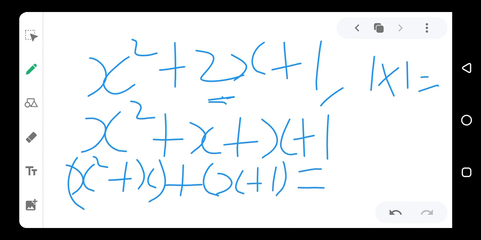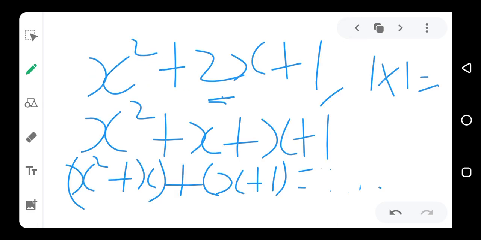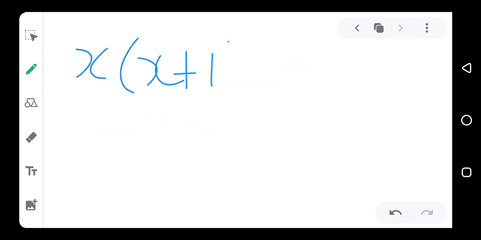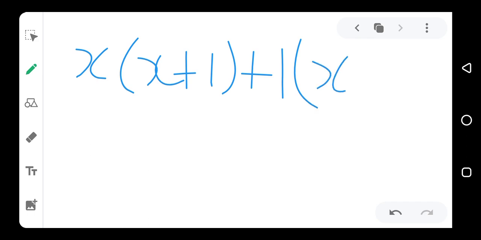Now this gives us, for this one, x bracket x plus 1, x divided by x gives us 1, then plus, for this one, the common thing between x and 1 is 1. 1 can divide x and 1 can divide 1, so we have 1 bracket x plus 1.